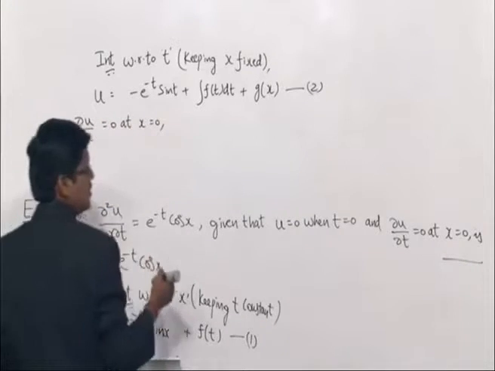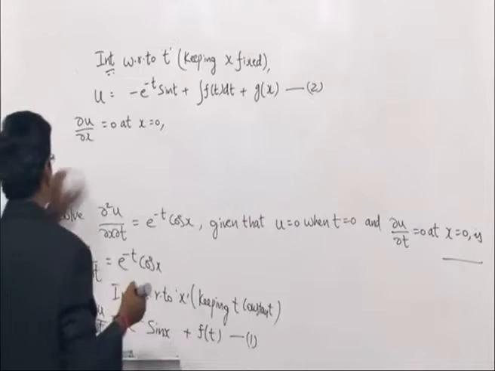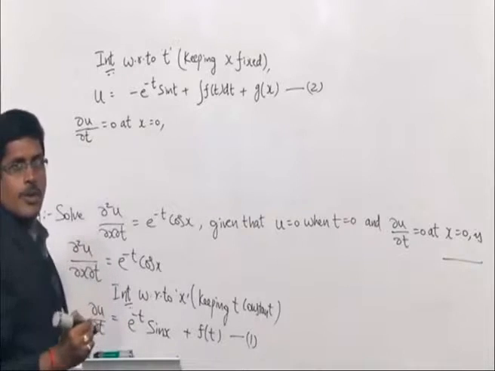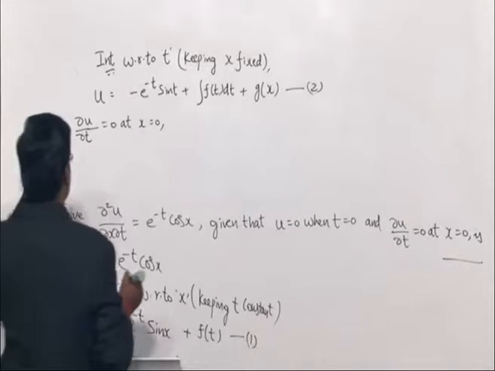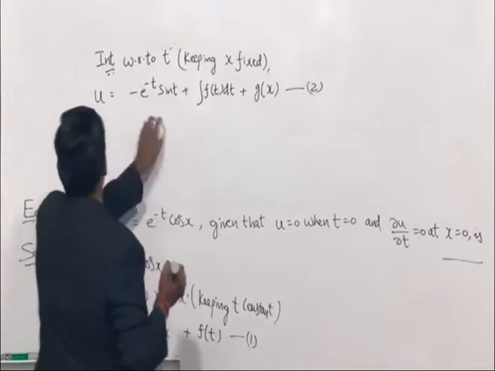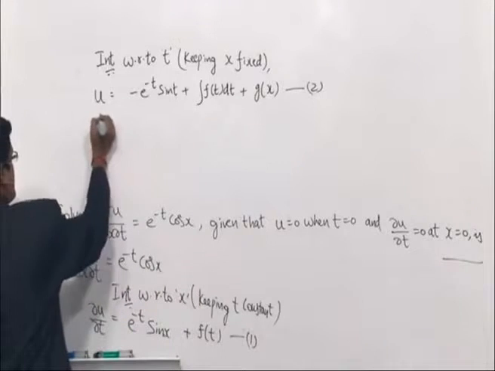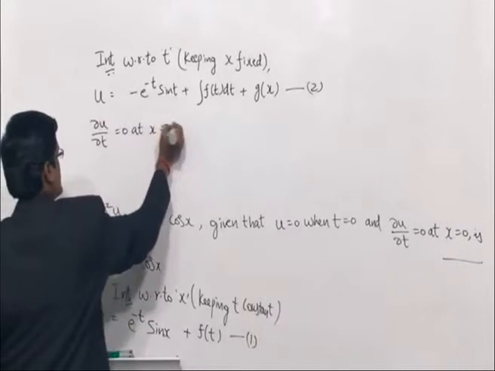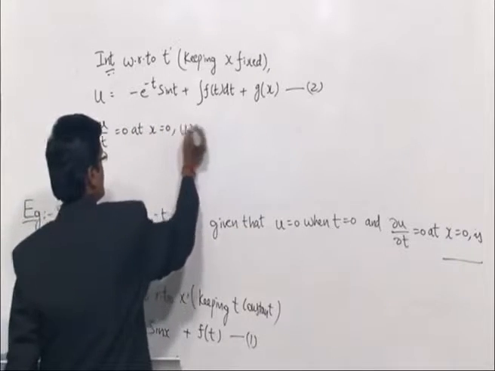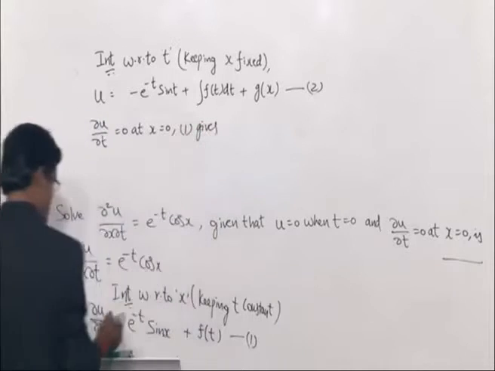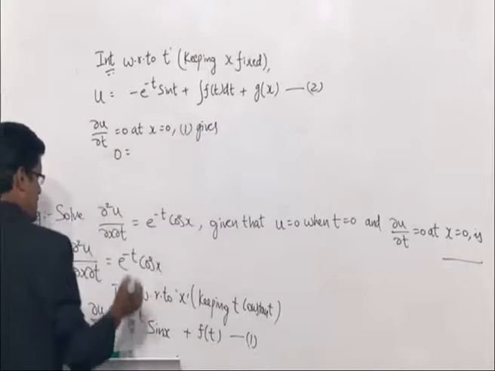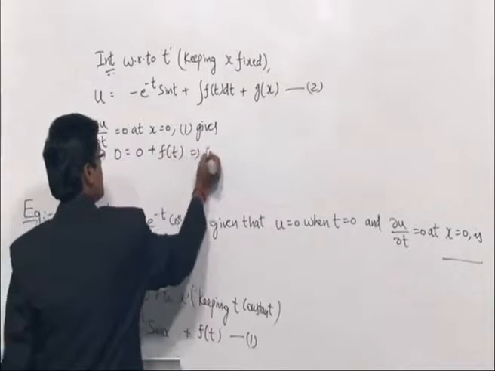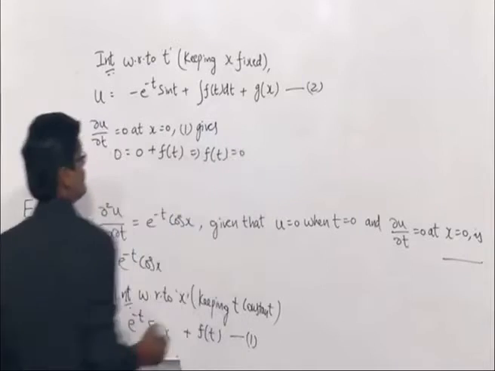Substitute this value in equation 1. Equation 1 gives 0 = sin 0 which is 0, so 0 = 0 plus f of t. That means f of t is equal to 0.